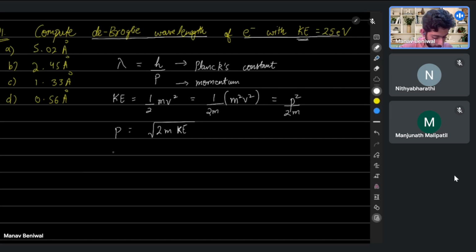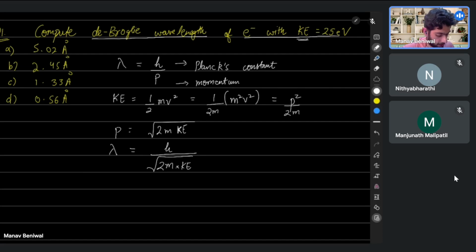So then our lambda will become h upon under root 2m multiplied by kinetic energy. Now we know the values.